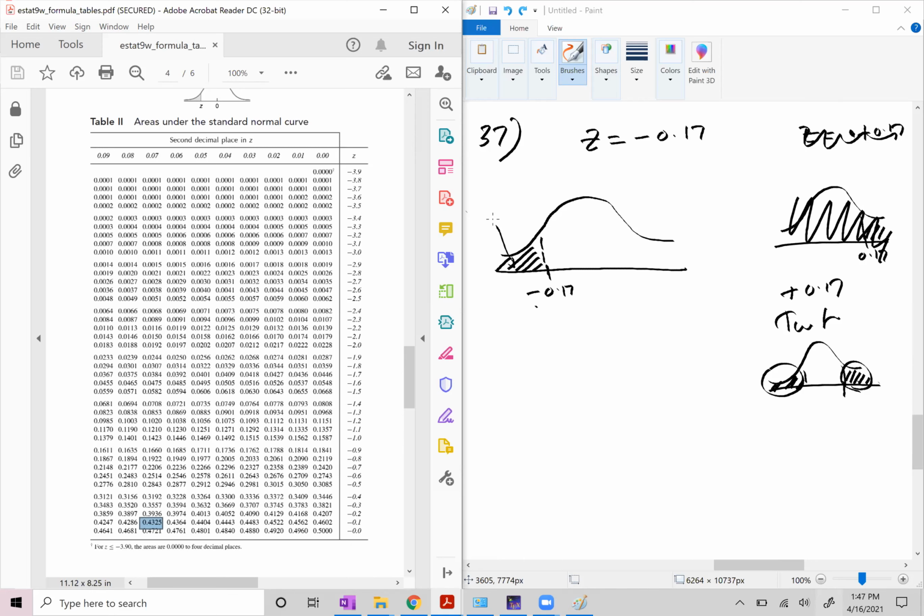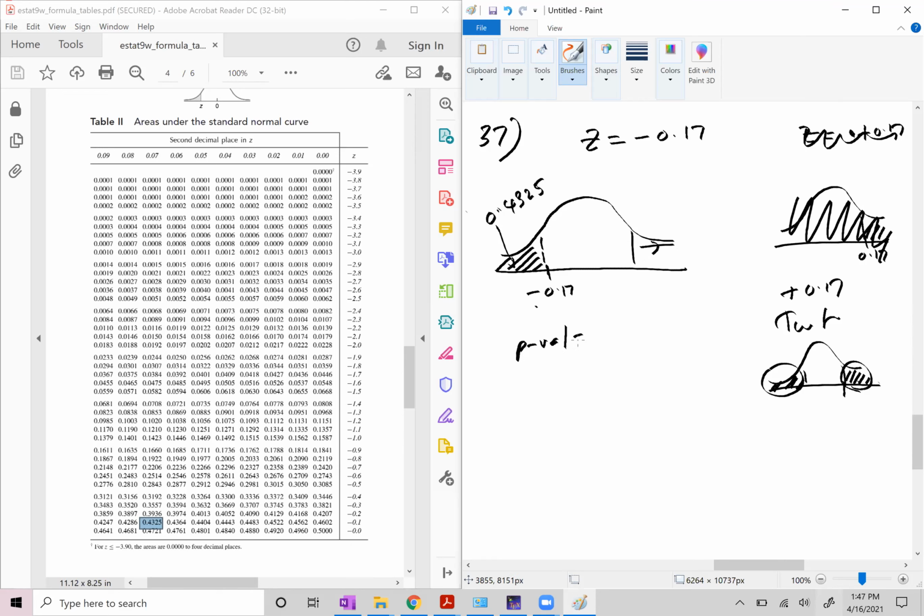0.4325. Okay, now note that there's a similar region to this side, so therefore the p-value is going to be 2 times 0.4325. You do this when you have a two tail test only, right? Okay, so your final answer would be 0.8650.